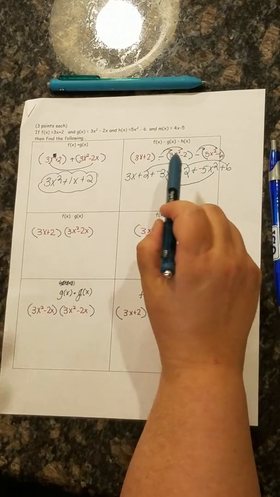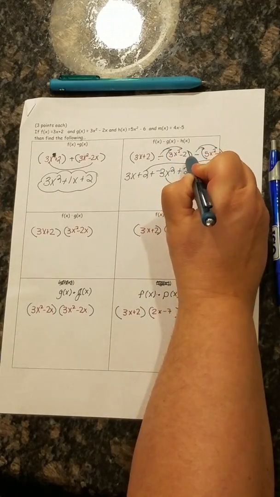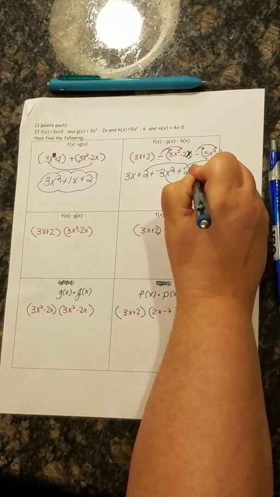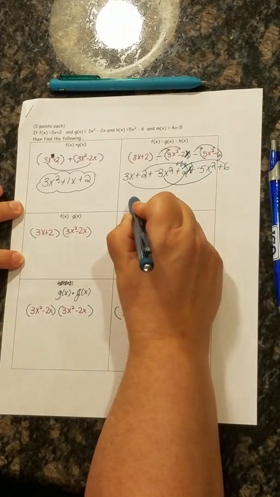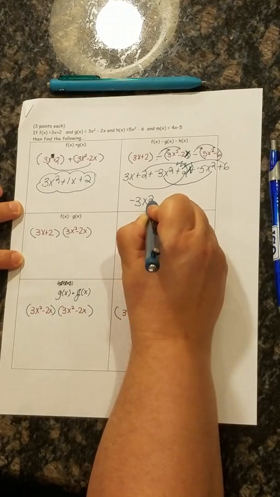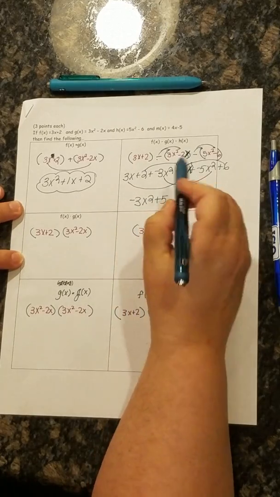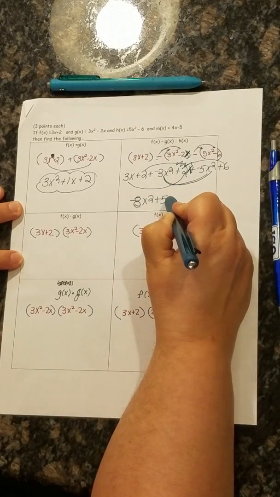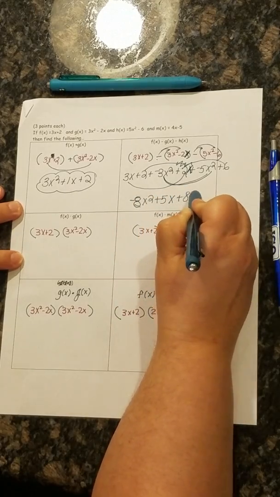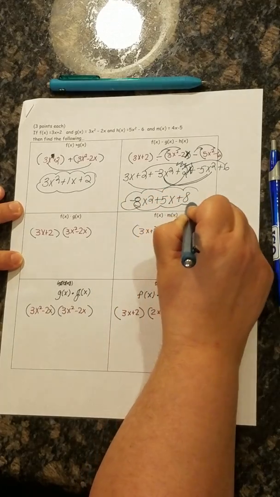I'm missing an x value, I think. Oh, here it is. Forgot that x right there. So this is not a like term. He's with this guy. So I end up getting negative 3x squared plus 5x. It's not negative 3. It's these two. Sorry. Negative 8x squared plus 5x plus 8 as my final answer.